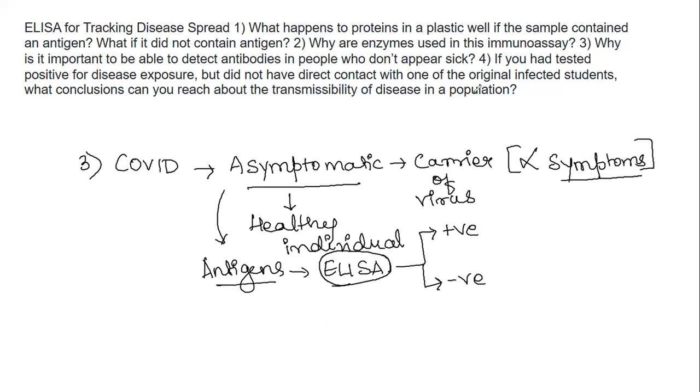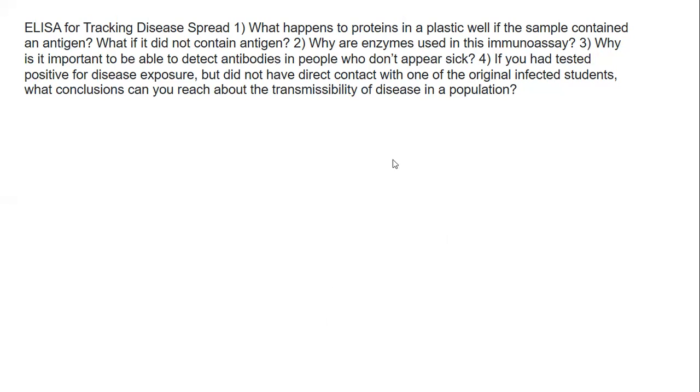So the next sub-question: if you had tested positive for disease exposure, but did not have direct contact with one original infected student, what conclusion can you reach about the transmissibility of the disease in a population?